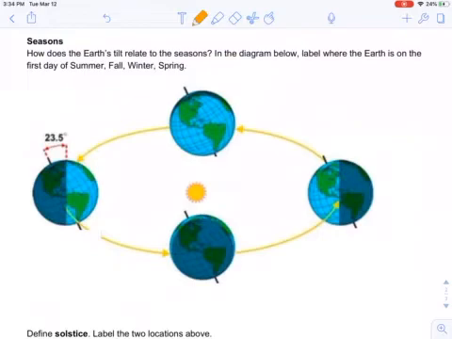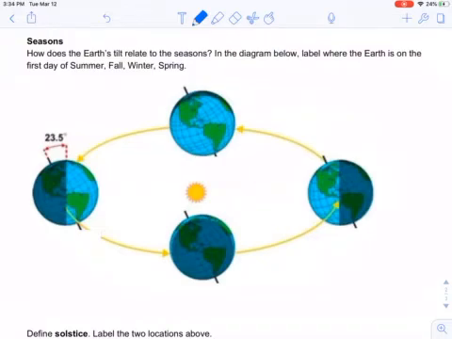Okay, the next part of this is, how does the Earth's tilt relate to the seasons? In the diagram below, label where the Earth is on the first day of summer, fall, winter, and spring. So this relates to what we just saw, and we know that some biomes will experience greater variation throughout the year than others.